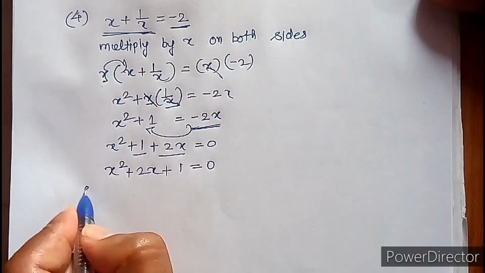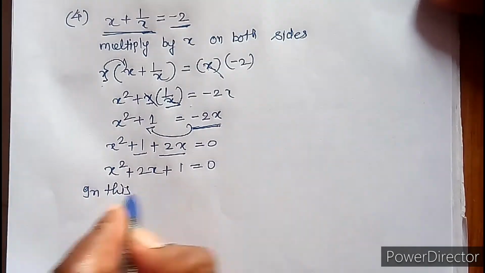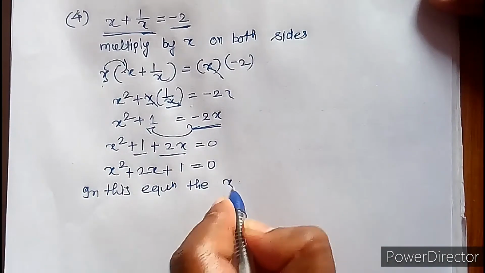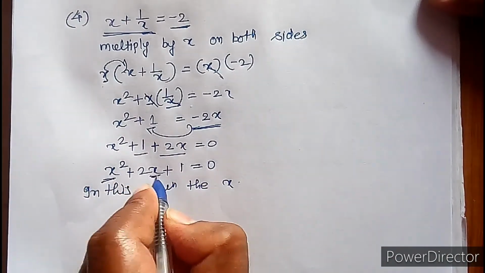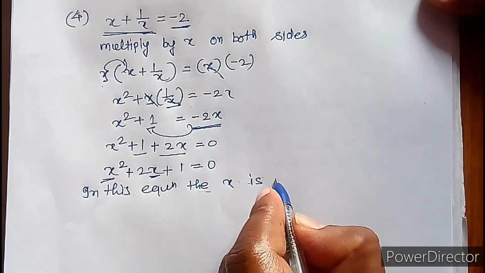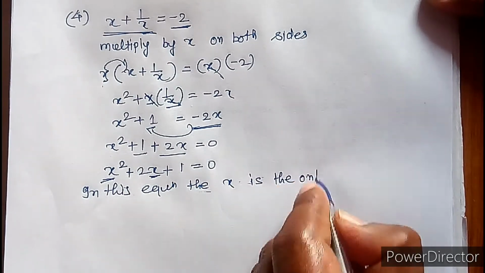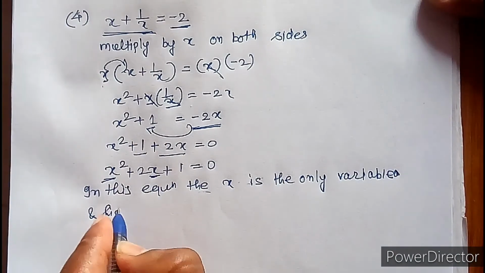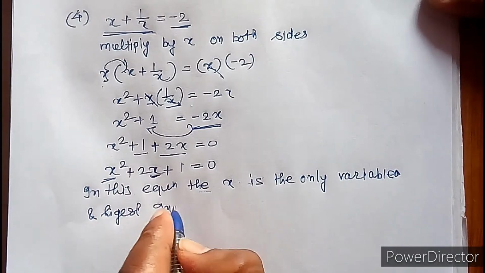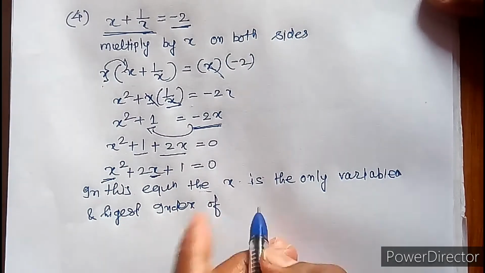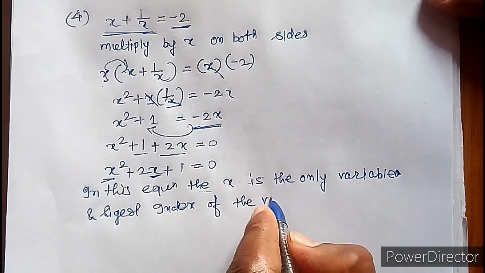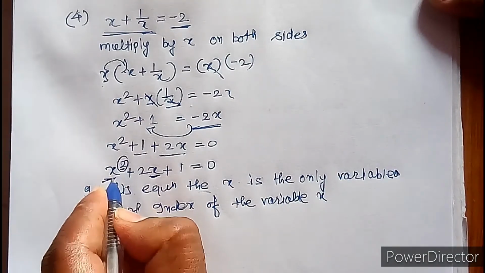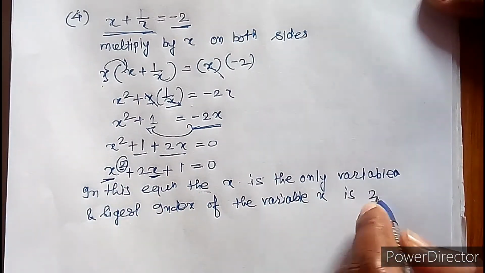Now in this equation x is the only variable, and the highest index of the variable x is 2.